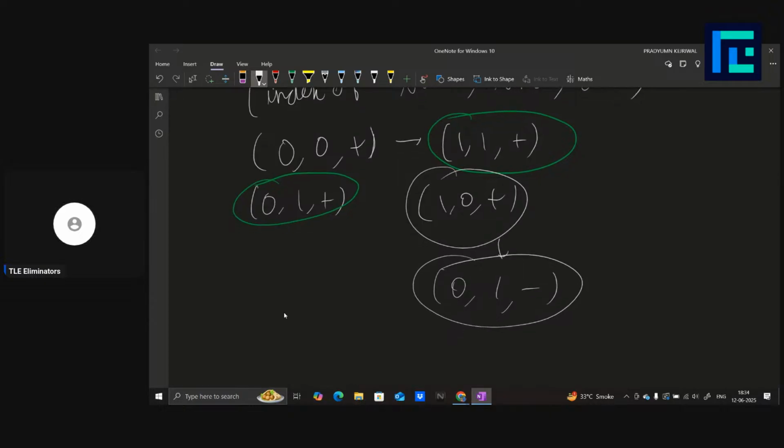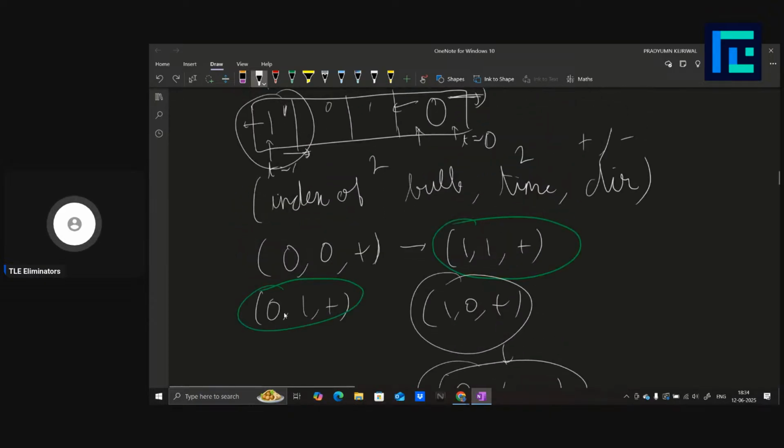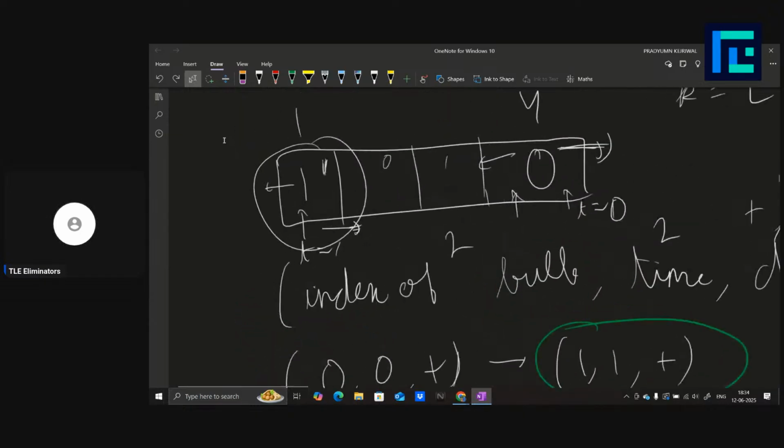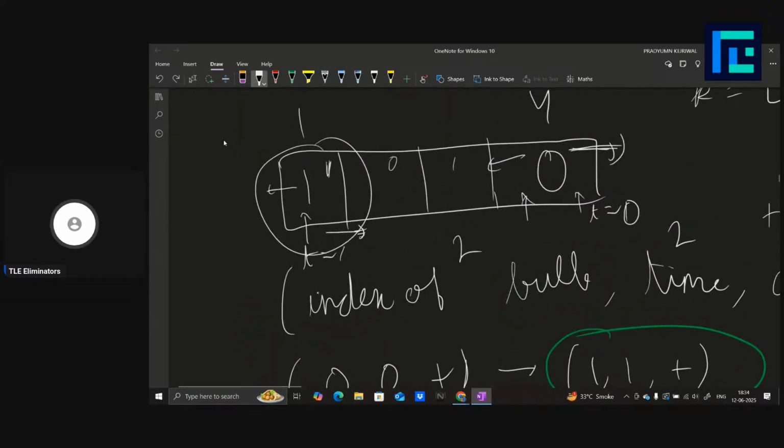Now if I'm here, what about this answer? If I am at the 0th light bulb at t equal to 1, then it is red. So I'll flip it, and again I'll go, so 0 1 and 0. So again I am at this 1 at time 0 in plus direction.